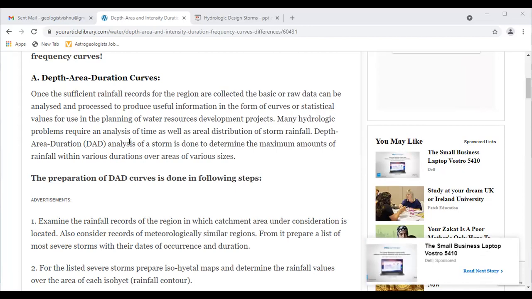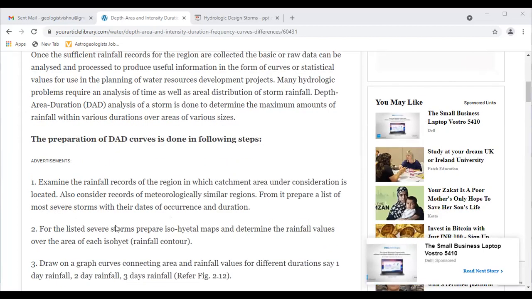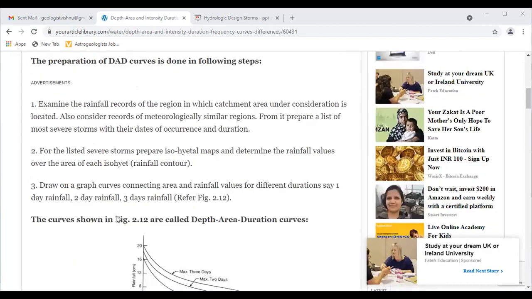Many hydrologic problems require an analysis of time as well as areal distribution of storm rainfall. Depth area duration analysis of a storm is done to determine the maximum amounts of rainfall within various durations over areas of various size. The preparation of DAD curves is done in the following steps.